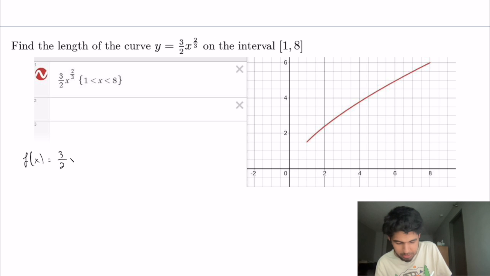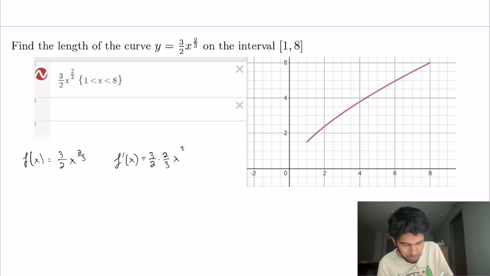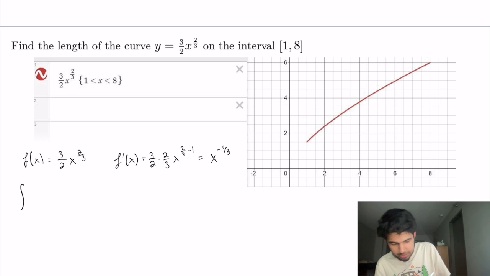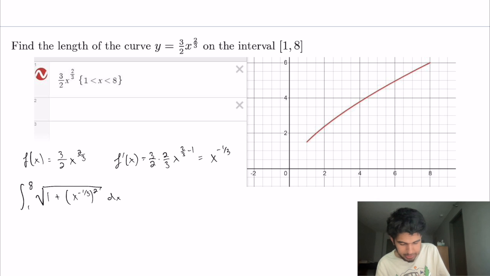So if f of x equals this, we can use the power rule to get 3/2 times 2/3 x to the 2/3 minus 1, which is x to the negative 1/3. Integral from 1 to 8, square root of 1 plus f prime of x squared, which is x to the negative 1/3 squared dx.